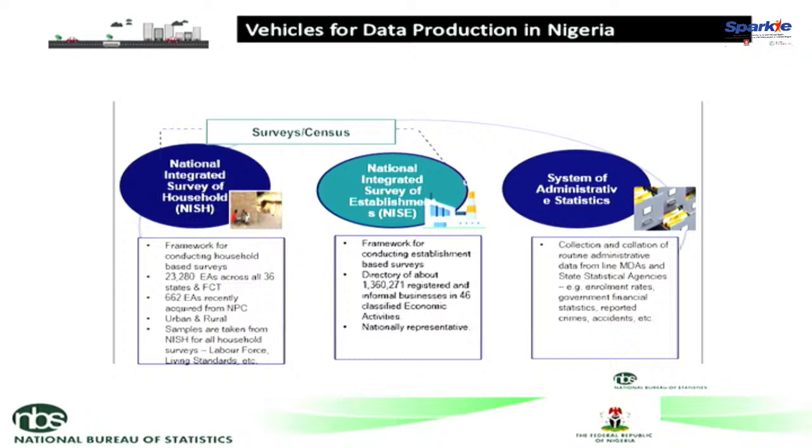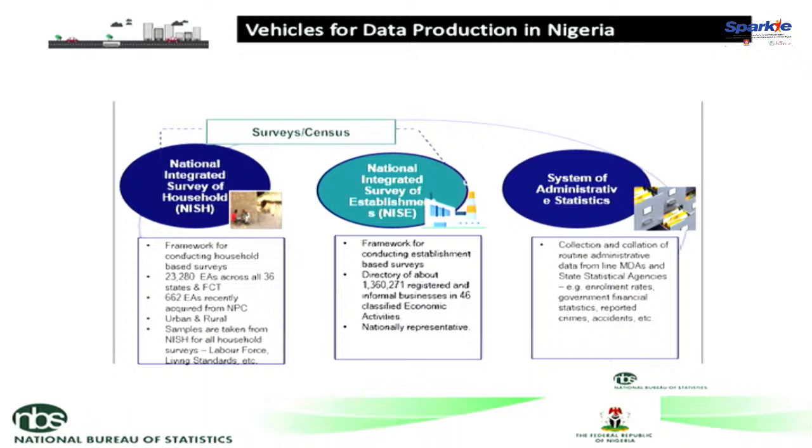Recently we also acquired about 662 additional EAs from NPC, the National Population Commission, and these EAs are also meant to canvass both the urban and rural areas. Samples are often taken from the NISH for all our household surveys. So whatever kind of household-based survey we want to run, we use the NISH to achieve that.